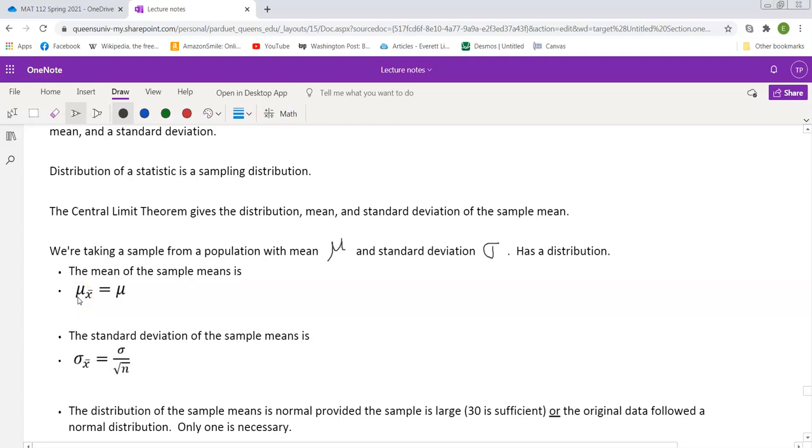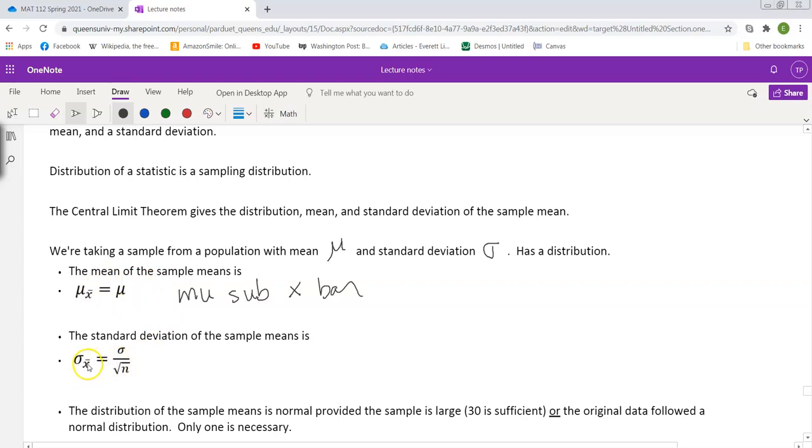So that's good. This symbol is read as mu sub x bar, like a subscript, x bar. Again, this is just telling us that the mean of all of the possible sample means is the population mean.